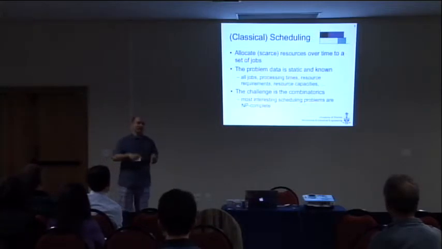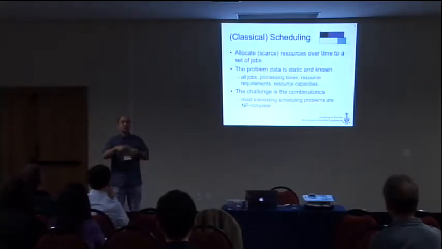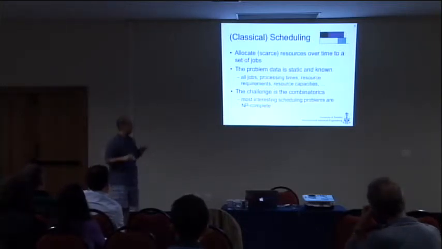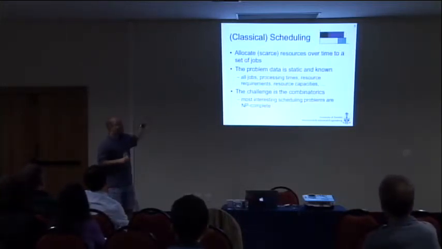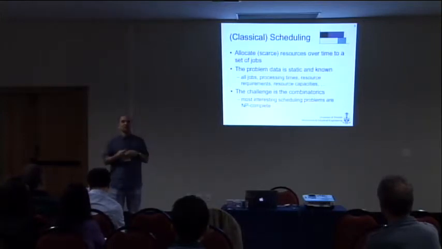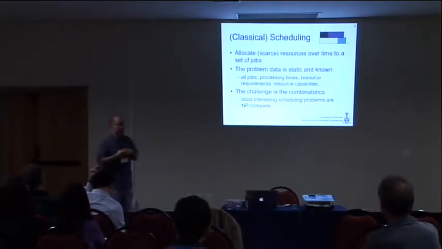We know the set of activities, we know the resources, we know the temporal relations if there are any amongst the activities. I'm using activities and jobs interchangeably here. And the challenge is the combinatorics. How can we actually place these activities in time and on the resource to minimize makespan, to minimize flow time, to do whatever we want to do in terms of our optimization function.